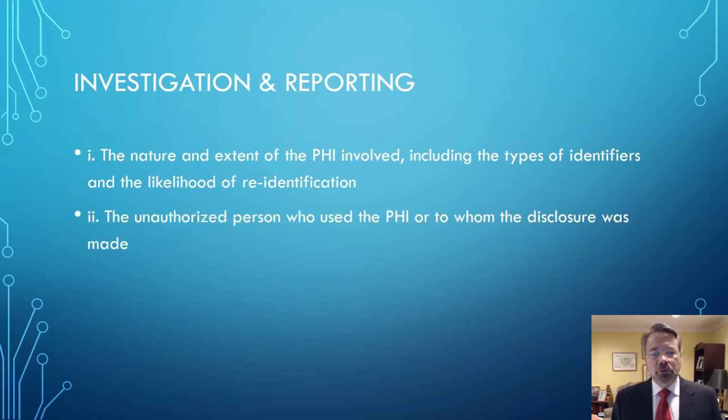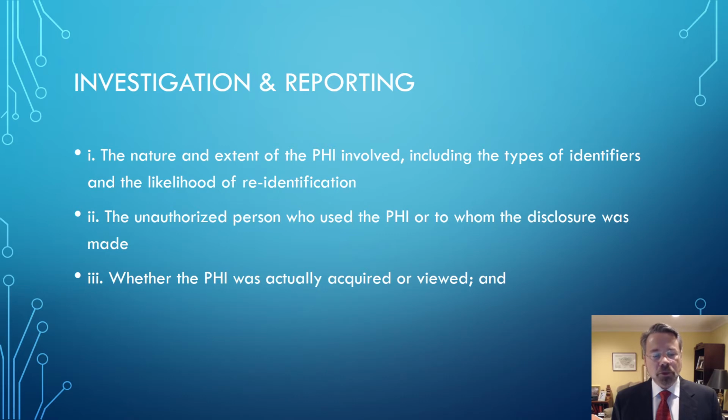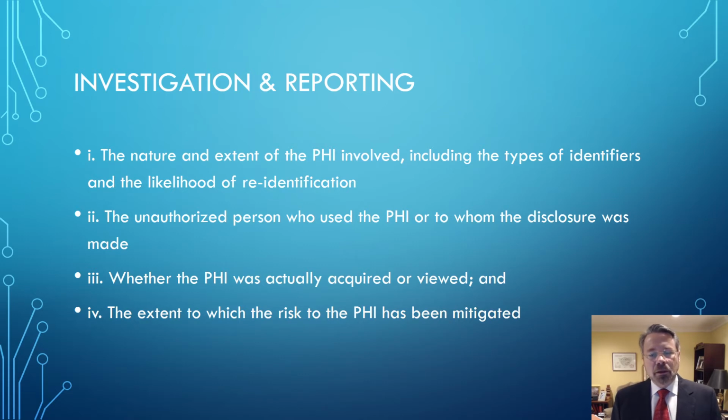Would an unauthorized person be able to figure that out? And was it ever used in any sort of malevolent or other manner going forward? What did you do to mitigate the risk of any use of that information?